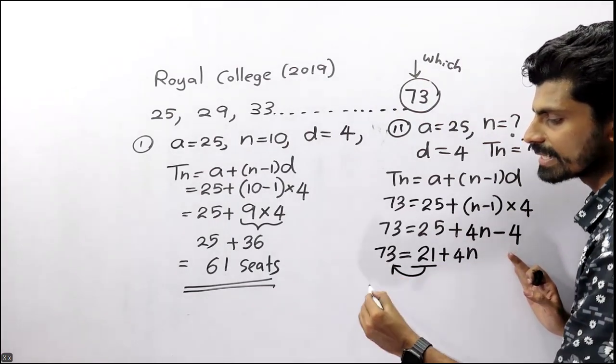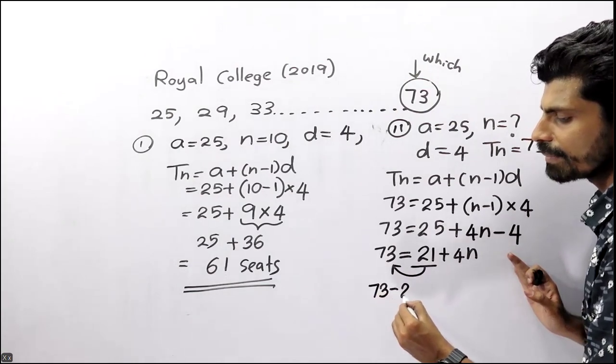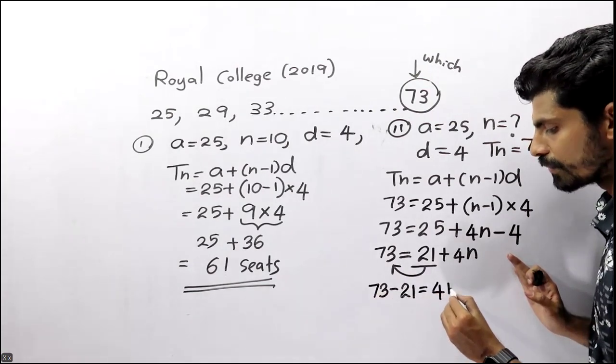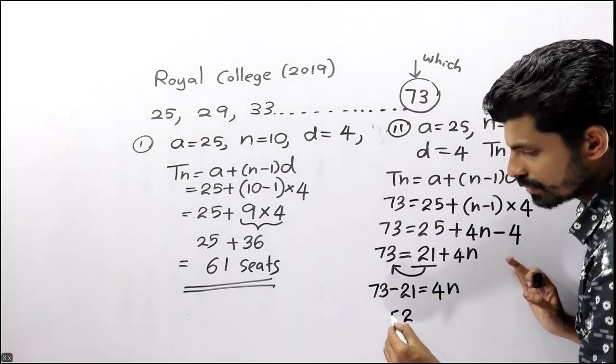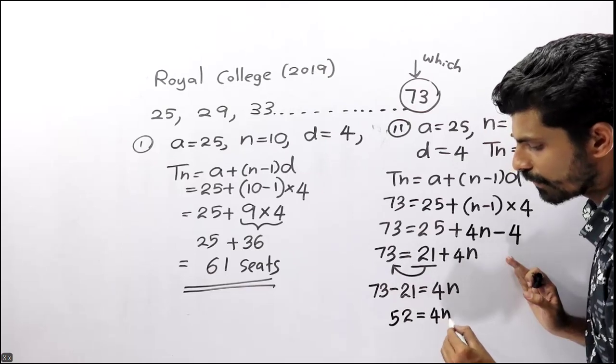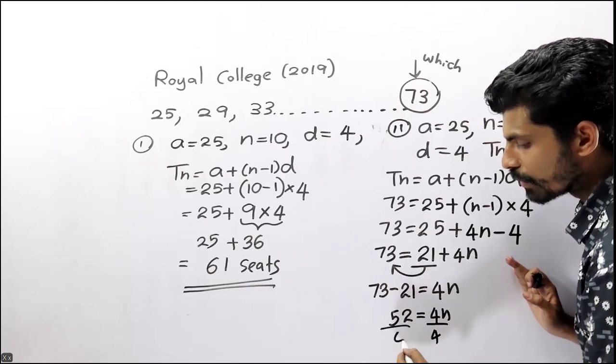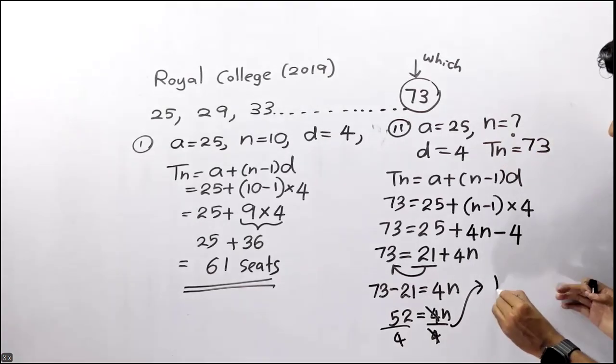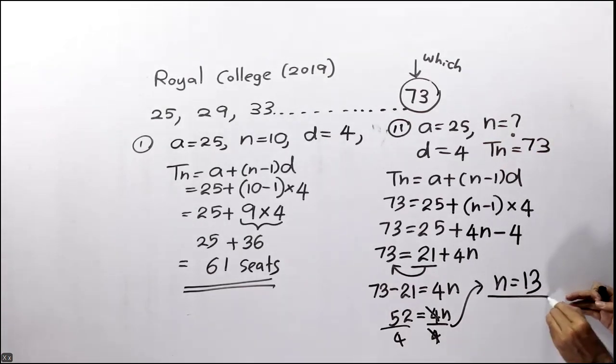Moving 21 to the other side, 73 minus 21 equals 4n. 52 equals 4n. Dividing both sides by 4, n equals 13.